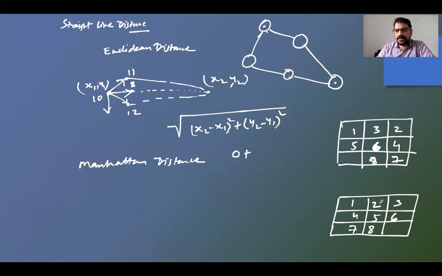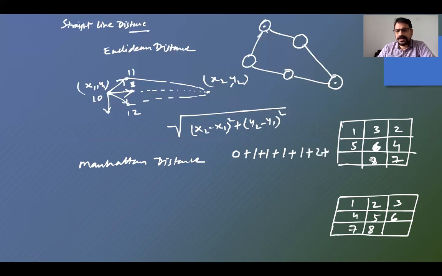From here to here, as you can see, the tile 3 should be here, but it is here, so it is 1 movement. Tile 2 should also be here, it will be 1 distance. 5 should be here, it is 1. 6 should be here, that is 1. 4 should be here, so it is 1 and 2 distance it has to cover.